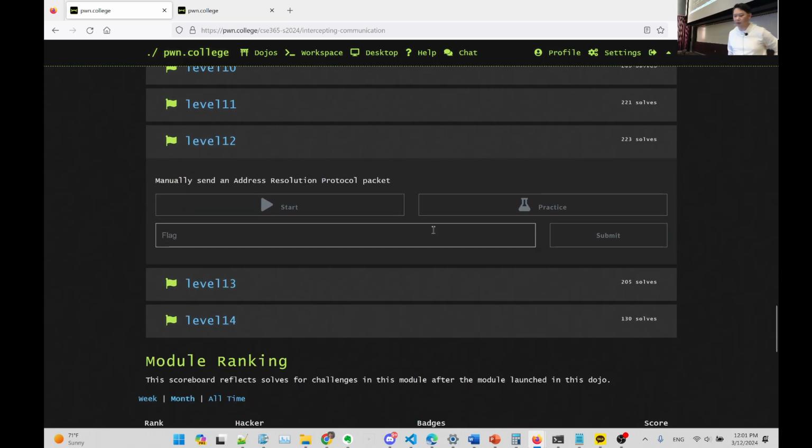Manually send an ARP packet. ARP is a protocol at the IP layer. It converts the IP address to the MAC address, and the MAC address to the IP address, to communicate in the local network, exactly the subnetwork.